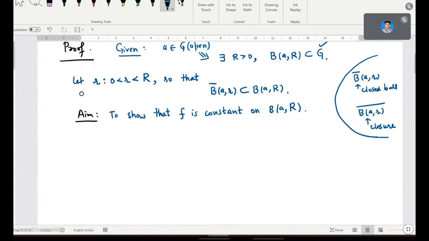So class, consider this circle which is centered at A and having radius r. Class, take a note. This r is the same as this r.